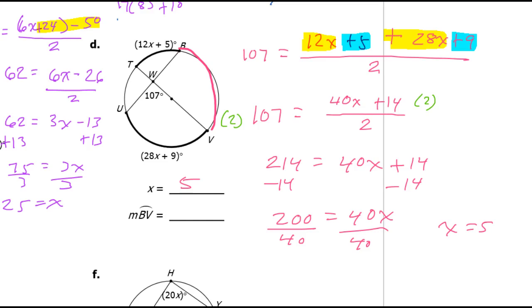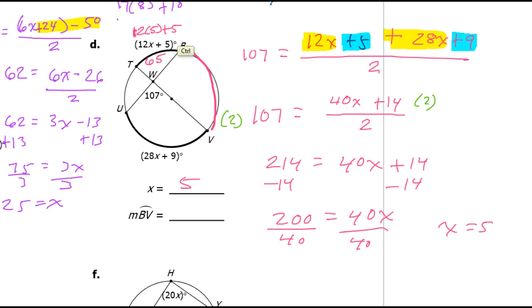Thomas? He says, let's start by plugging 5 into 12x plus 5. Okay, so if I have 12 times 5 plus 5, that tells us that this arc is 65. That comes out to be 65.